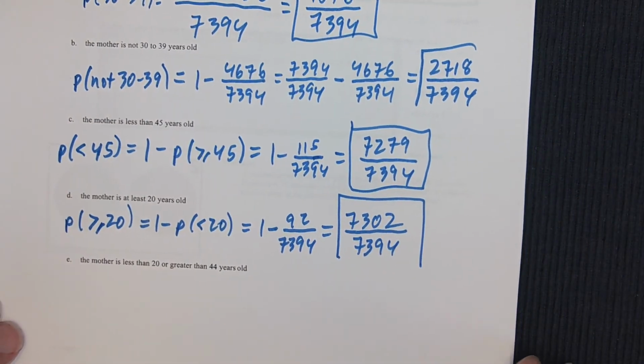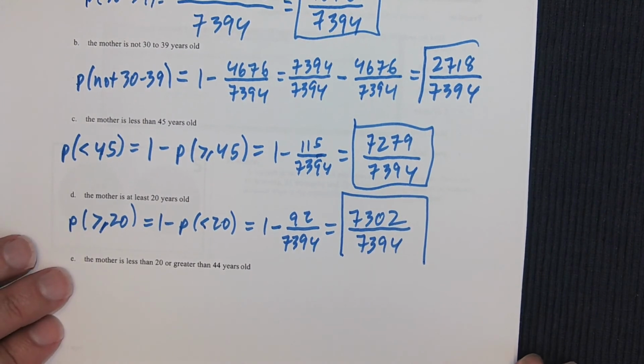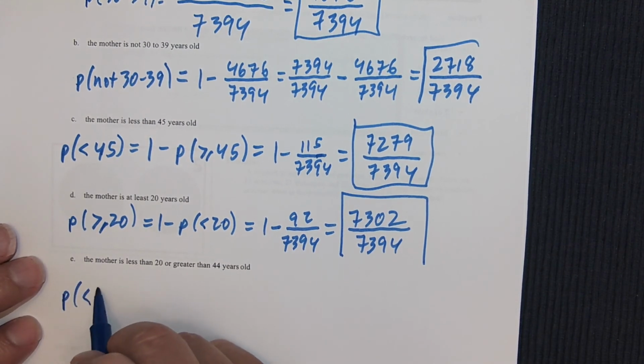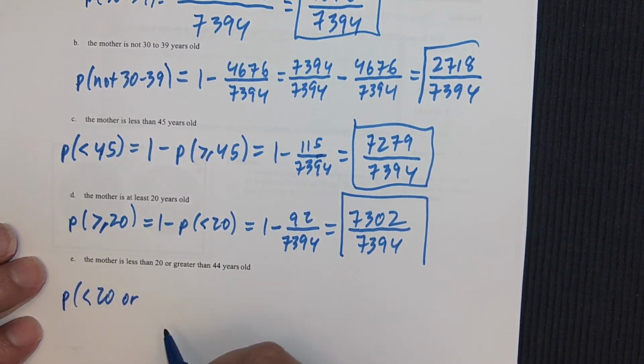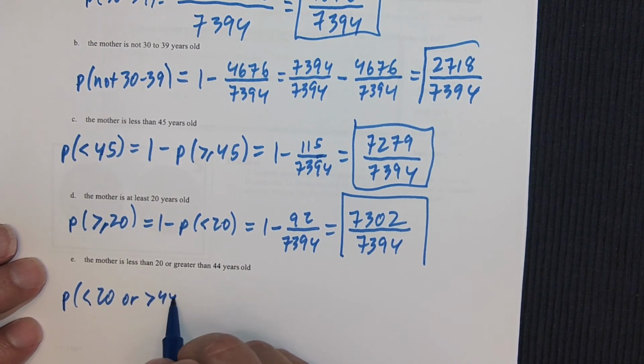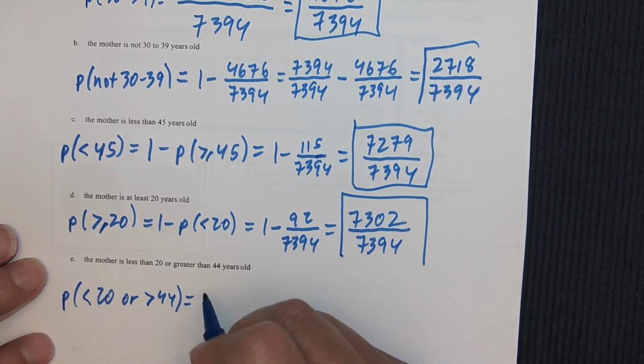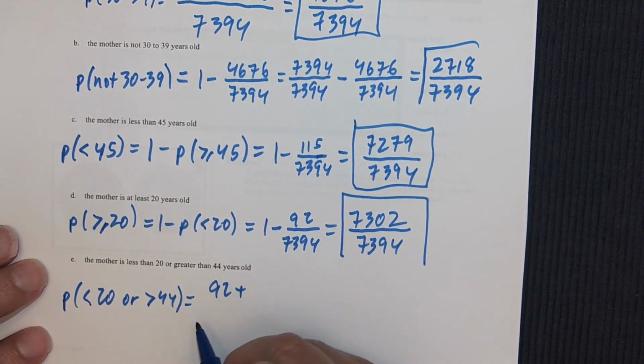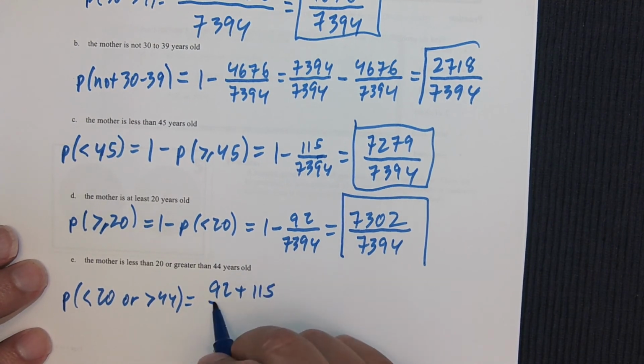And finally, the mother is less than 20 or greater than 44. So less than 20 is going to be the 92. Bigger than 44 is 115.